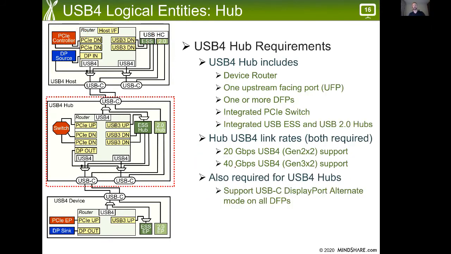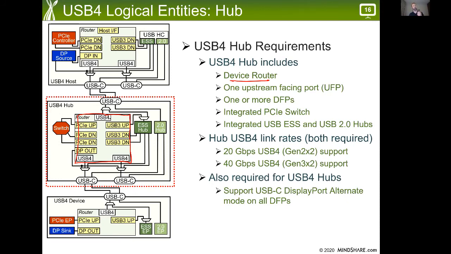All right. If we look at a hub, the next kind of device, you can have lots of hubs in your system. If you look at a hub, it has more requirements. So of course it has to have a router, because the router is that central logic. It's the one that is generating or routing traffic in our USB 4 system.